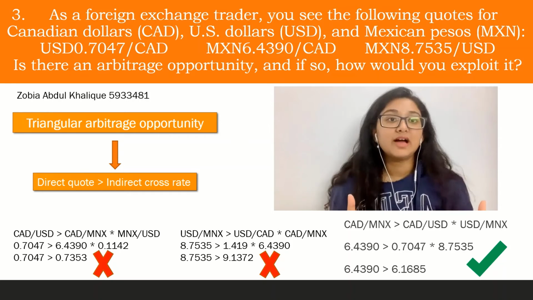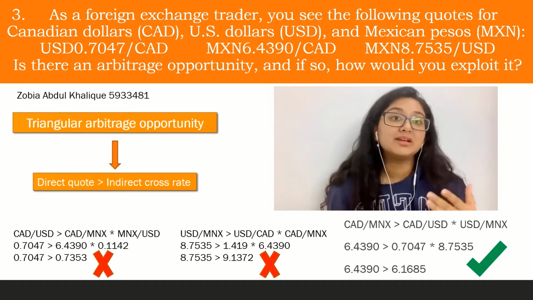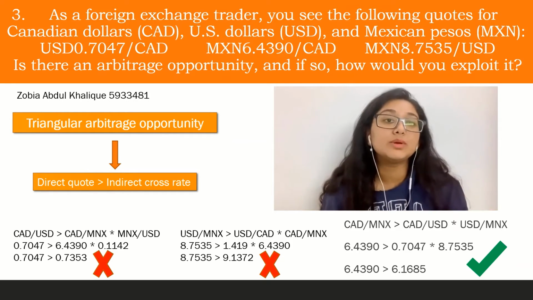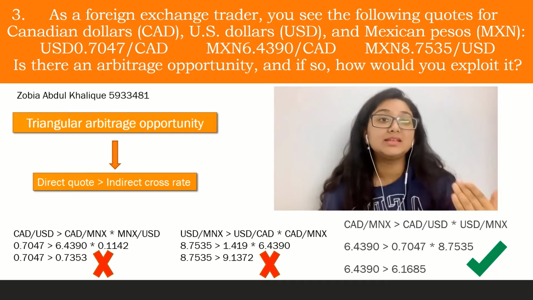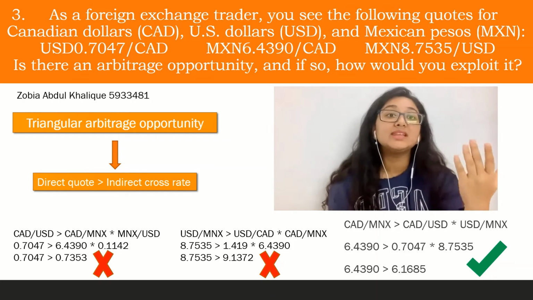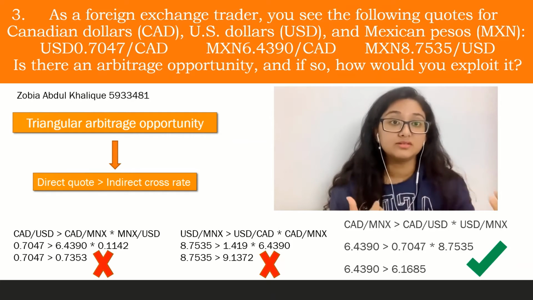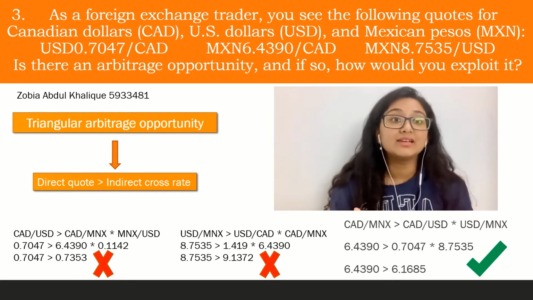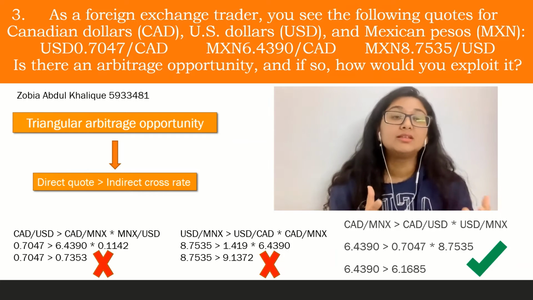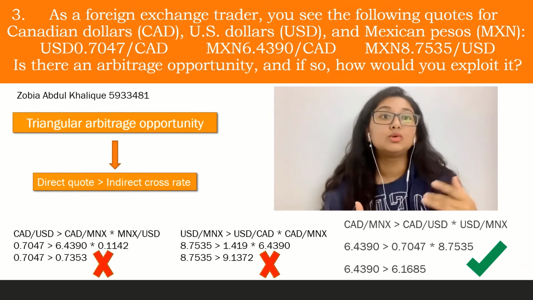Over or undervaluation of markets may result in discrepancies between quoted prices among three currencies. If, using an intermediary currency, the direct quote is greater than the indirect cross rate, there exists a triangular arbitrage opportunity. Let's apply this condition and the cross rate formula to our situation.